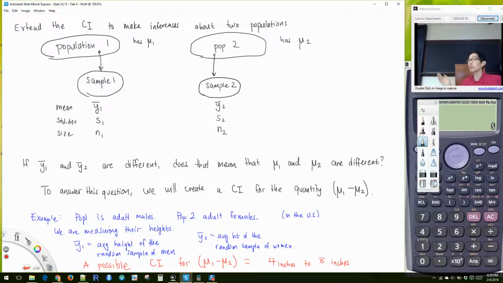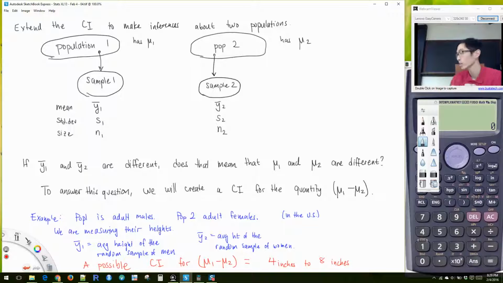Maybe -20 to positive 20 would be a huge range, but I would definitely say from negative something to positive something. When we're talking about the difference between the IQ of the average male and the IQ of the average female, that difference could be anywhere from 10 points lower to 10 points higher, with probably 0 being the most likely difference.